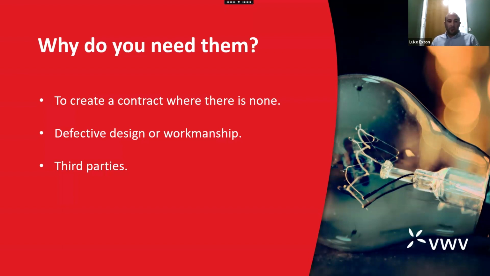So, as mentioned, the employer will typically have a contract with the party responsible for the defect, for example, a professional appointment with an architect to design the new building, or the building contract with the contractor to build the building. But even the employer, as mentioned, will not have a direct contract with the subcontractors, and also third parties who have or acquire an interest in the building may not have a contract with those responsible for the defect.